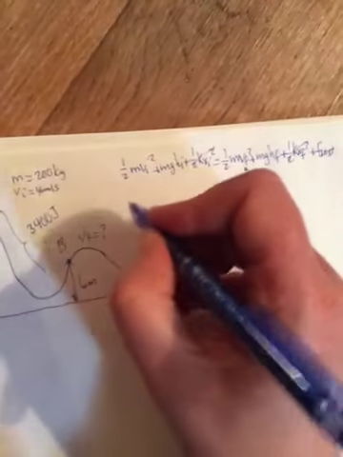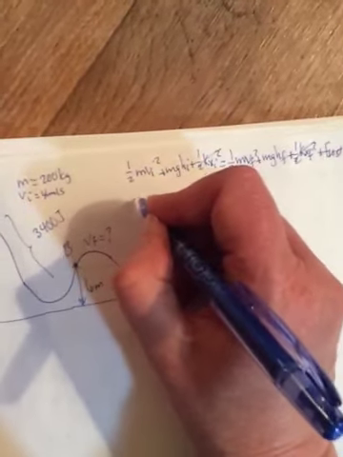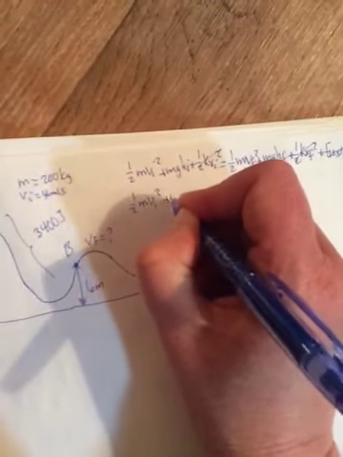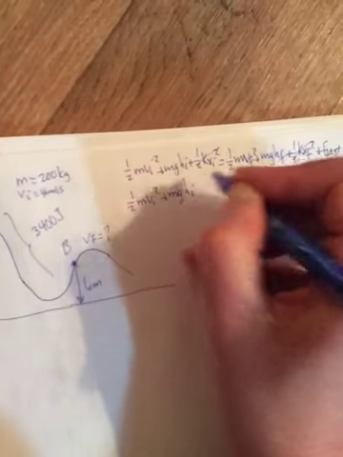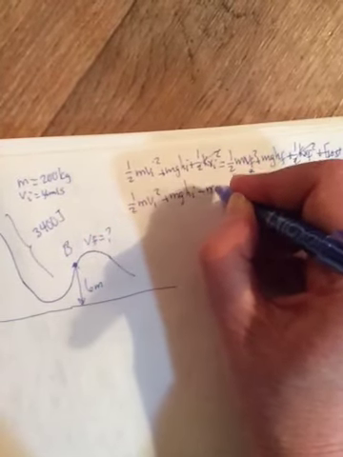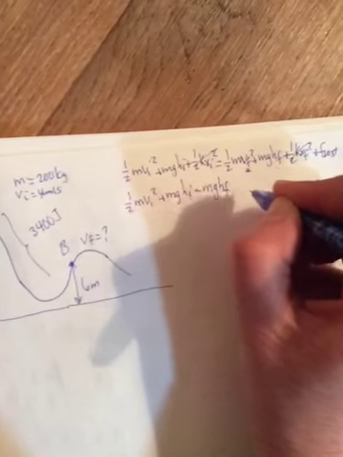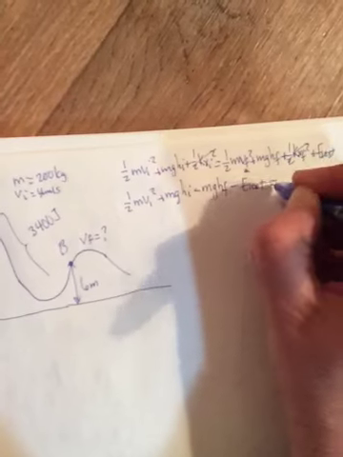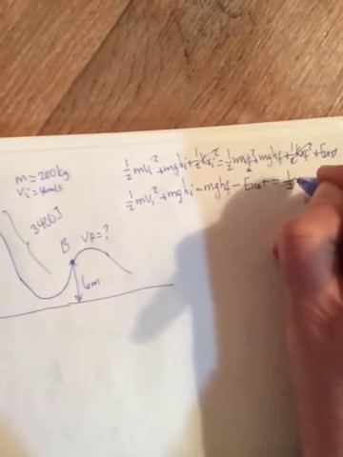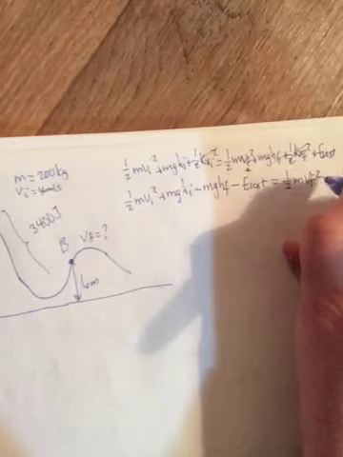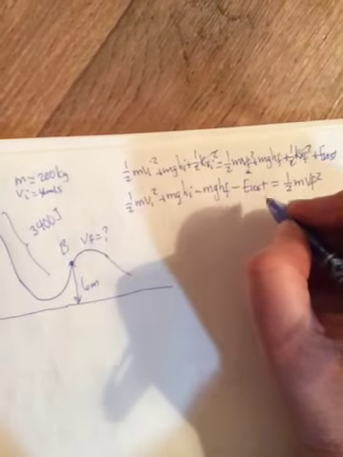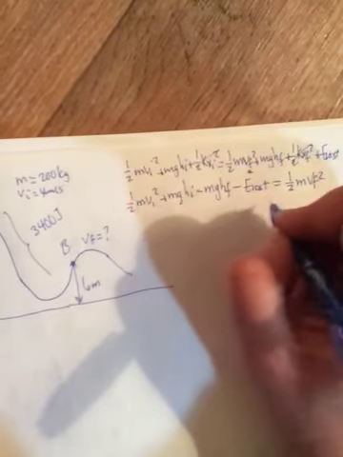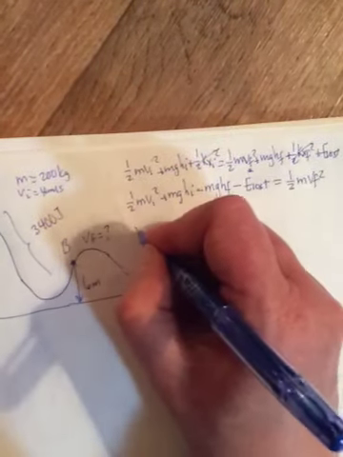So we're going to take all the other terms over. So it's going to be 1/2 mv initial squared plus mgh initial minus mgh final minus E lost is equal to 1/2 mvf squared. Okay, we cannot cancel out the m's this time because there's no m in this E lost. So we're going to multiply everything by 2 and we're going to divide by m.